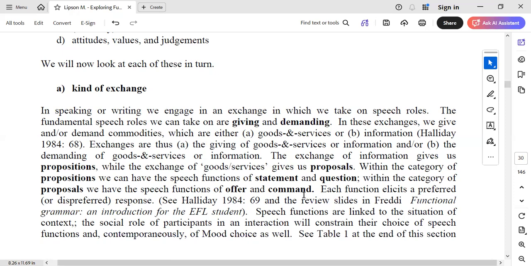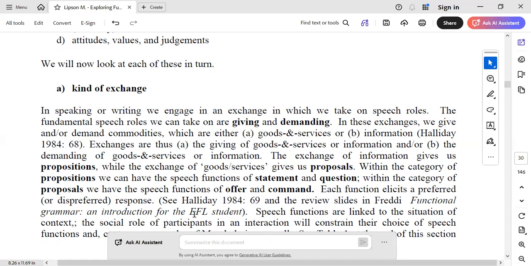So if I give you a command and I offer you something, I suggest something to you, that would be proposals, right? And if I state something and ask you questions, that would be propositions, right?